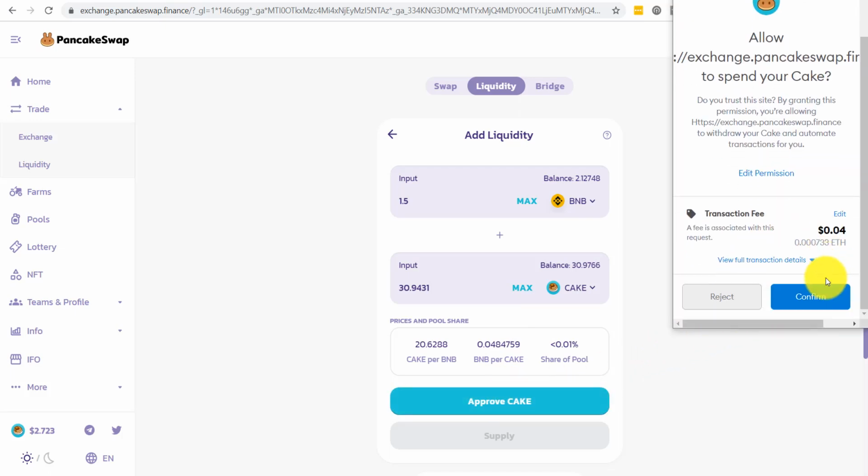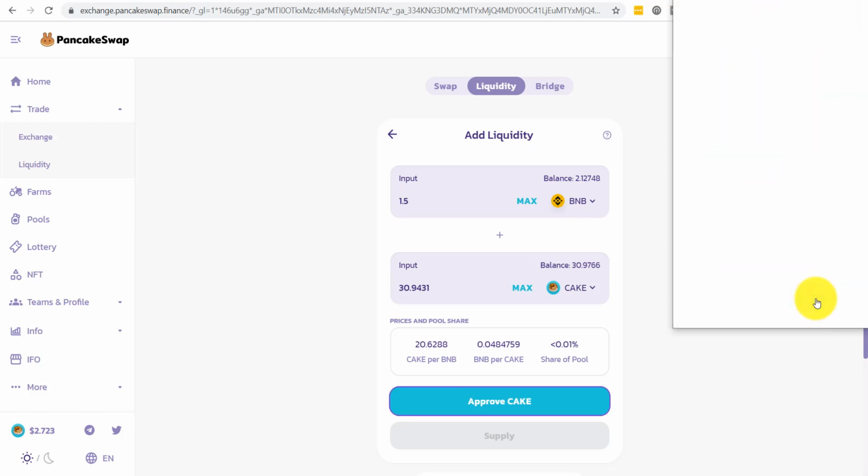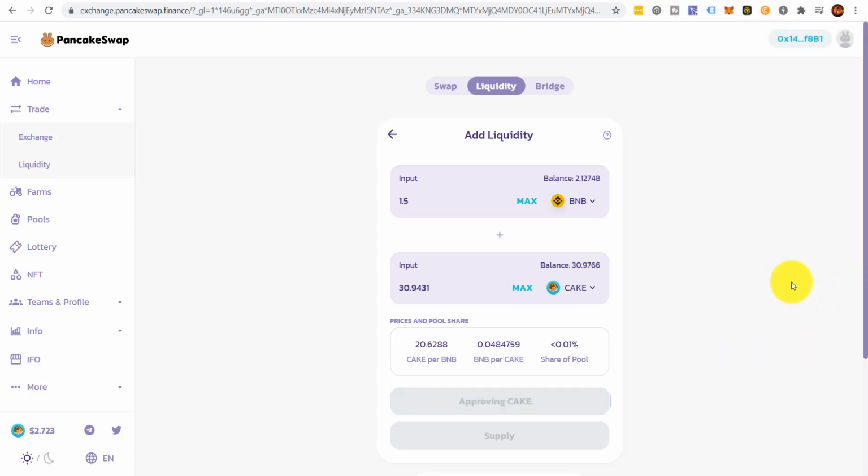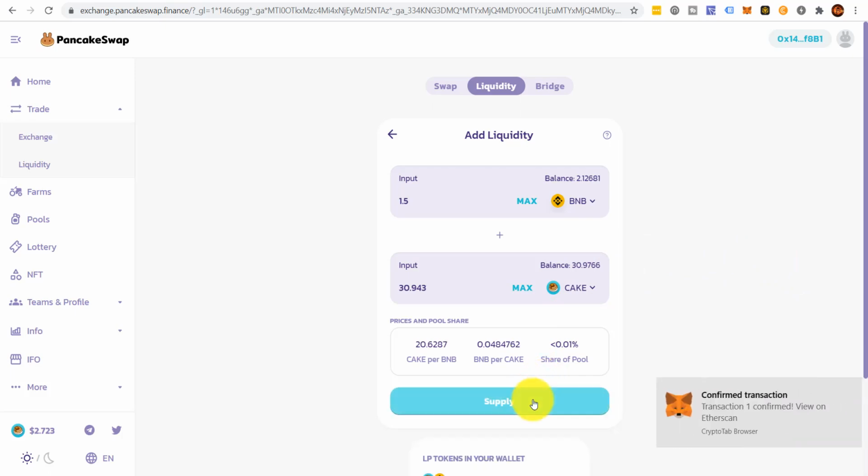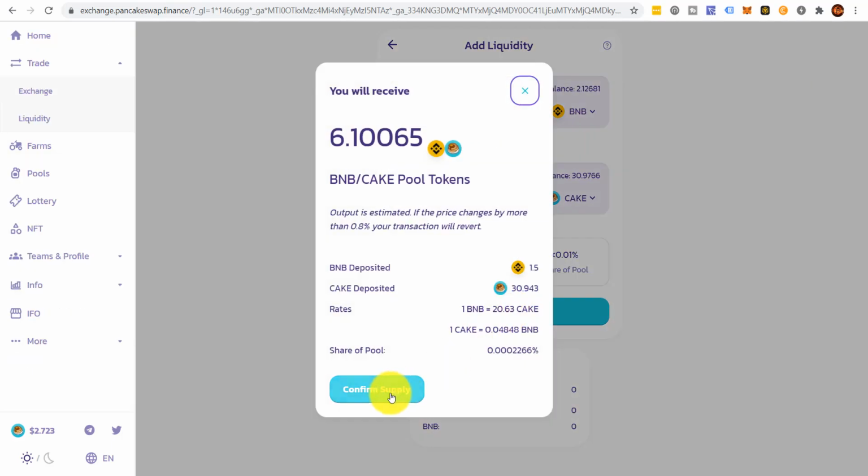It's going to be 4 cents. That's nothing. If we were doing that on Ethereum, it could be $20 unless you have a gas-backed token or something to help with the gas fees. So that's approved. Just like that, it's done. And then click supply. Confirm supply, 1.5.